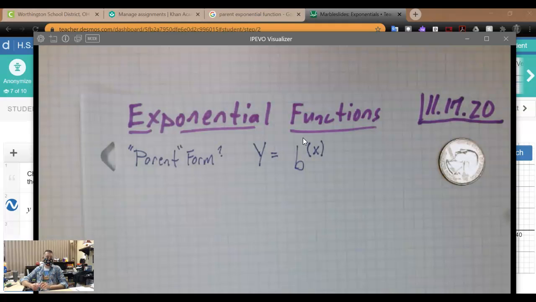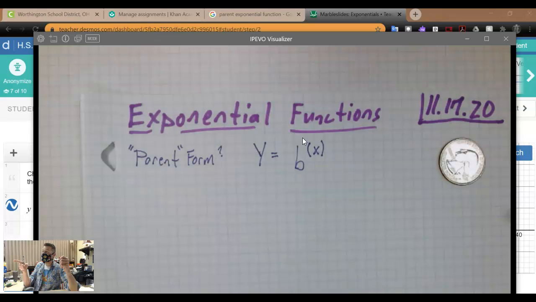So, okay, we often talk about parent forms of functions. And the biggest thing that people don't understand about what makes a function exponential versus just a function that uses an exponent is what? What do we particularly care about to make the function exponential as opposed to just, hey, this uses an exponent?